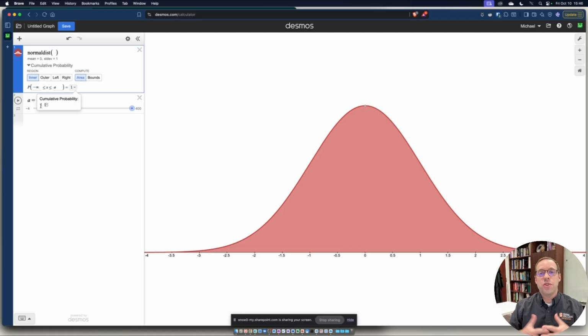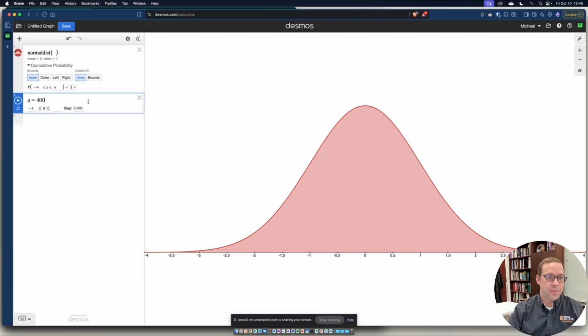That's why the normal distribution is so useful for us in statistics, because the area under this curve represents 100% of the population. Now, let me do another example. If I say, well, let's cut it in the middle, I'm going to set this value to 0.